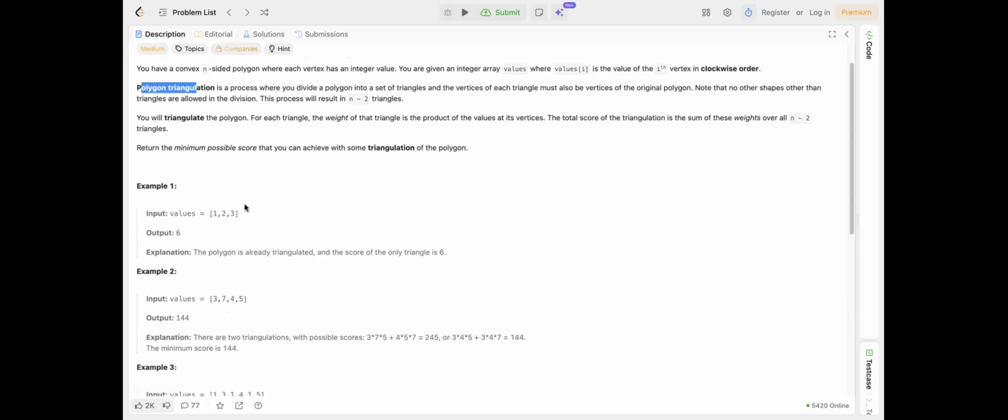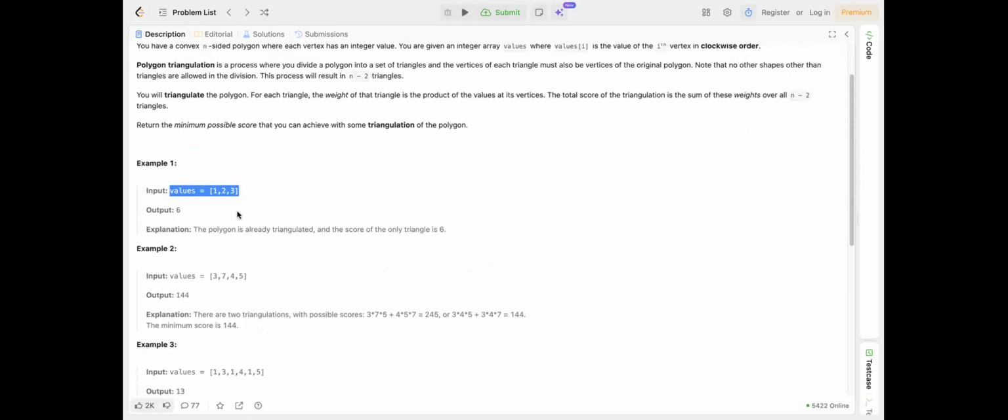Now you want to minimize this. So how can you do it? Let me ask you one thing. Basically, you have to multiply three numbers, and finally add it to your score. So what if I just permute all the values?